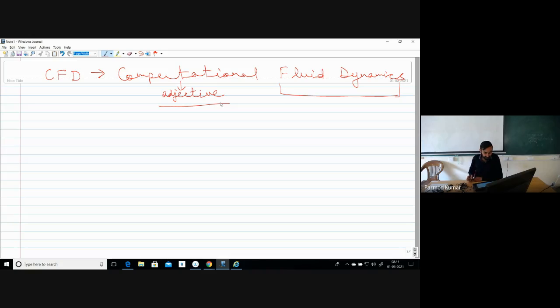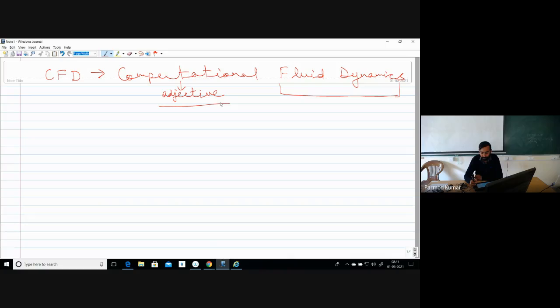Okay, and when we study any fluid dynamic system, we have three different approaches to study that system. One of the very first approaches is the theoretical approach, where we solve the governing equations using some analytical methods, using some mathematical approach, and we try to find the exact solution of the equations.